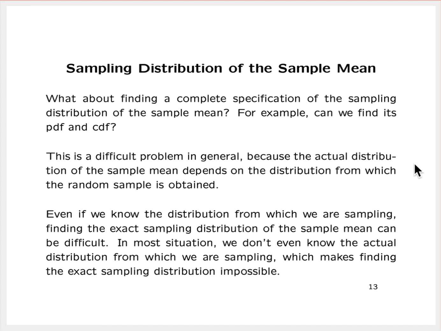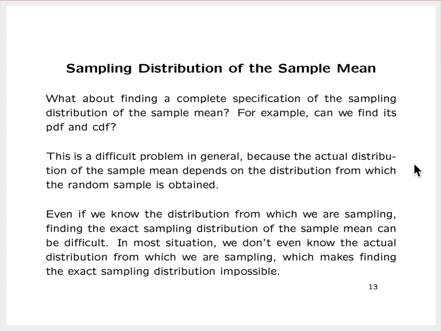So, it depends on whether we're sampling from a normal distribution or a binomial distribution or a gamma distribution, an exponential distribution. All of those distributions that we've looked at, and an infinite number of other distributions that we haven't looked at, perhaps that we don't even have any mathematical representation for.